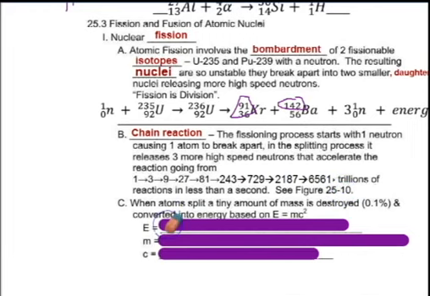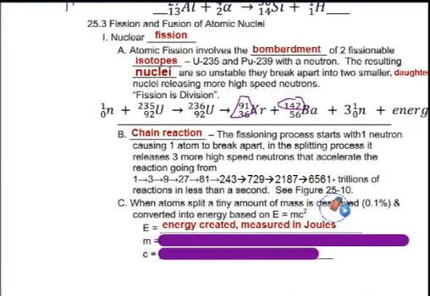Now, when atoms split, a tiny amount of mass is destroyed. It's about 0.1%. However, that gets converted into energy based on E equals mc squared. Yes, that E equals mc squared, Einstein's mass to energy equality. So E equals energy created, measured in joules.